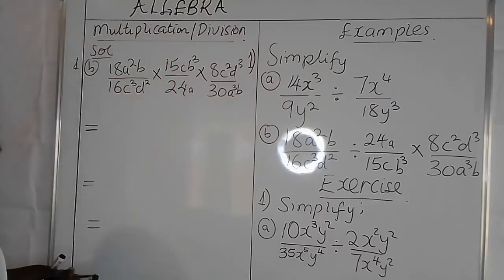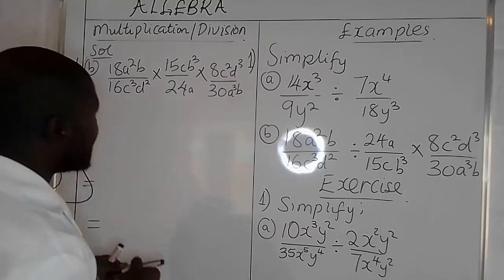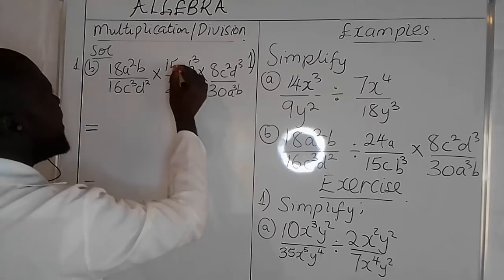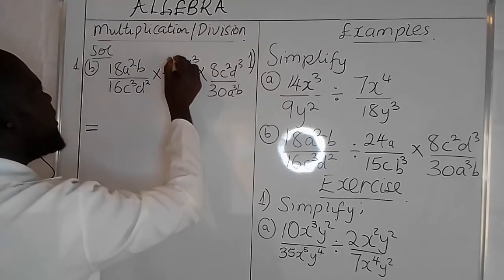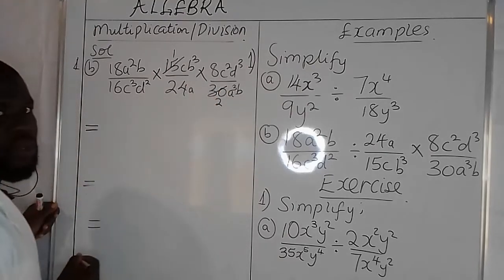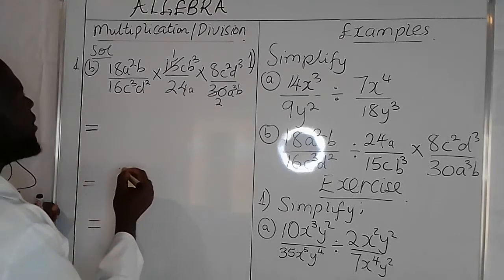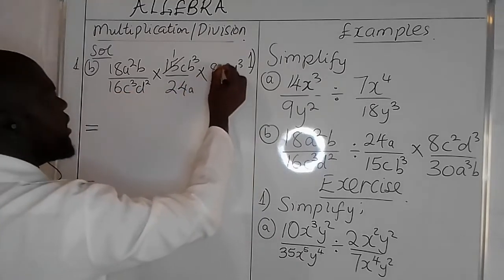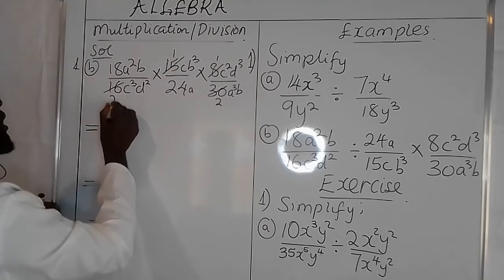Let's check. You have seen we have 15 and 30. So why not say 15 into 15 is 1, 15 into 30 is 2. And also we have 8 here and we have 16. So why not say 8 into 8 is 1 and 8 into 16 is 2.